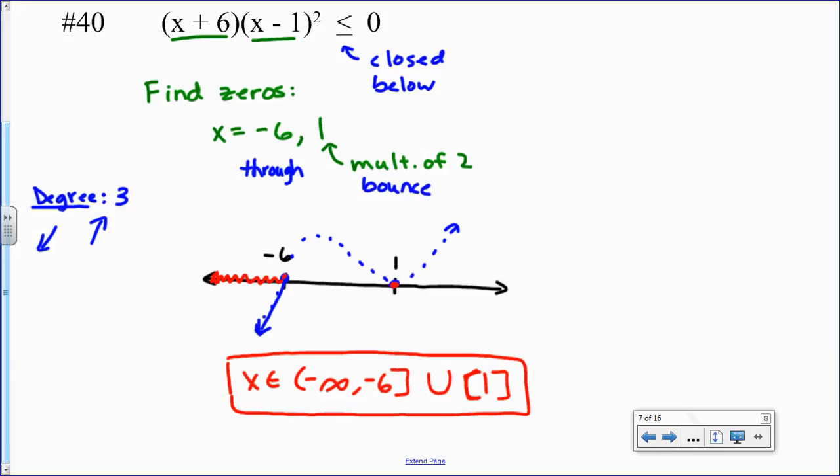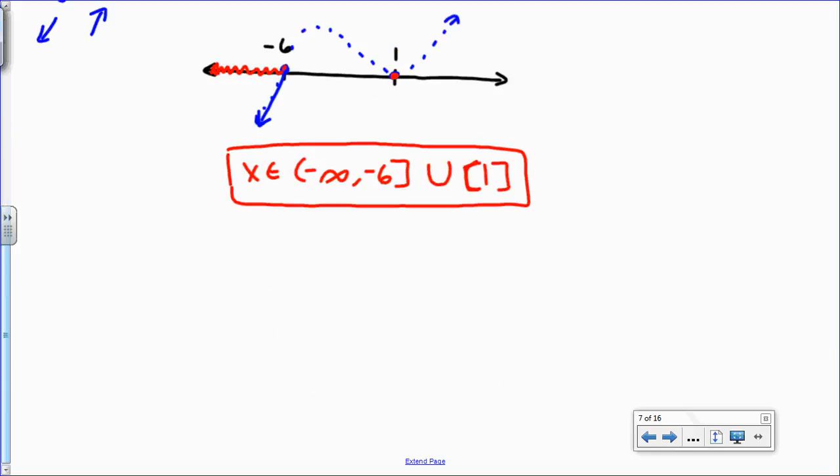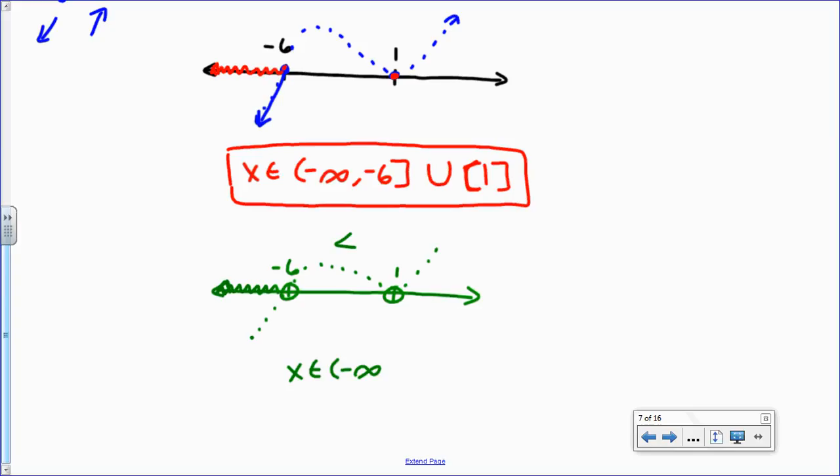Then if these had been open circles, so if I wanted where it was just less than, so open circles, okay, then the only thing I would have would be this right here, and I would have a parenthesis around the -6.